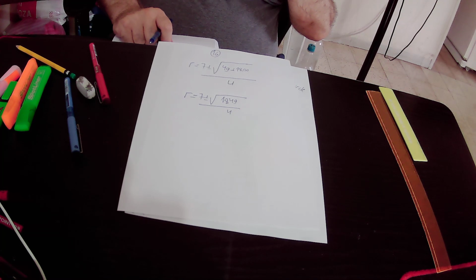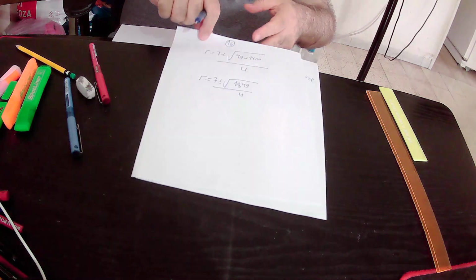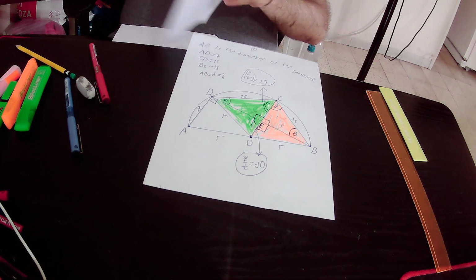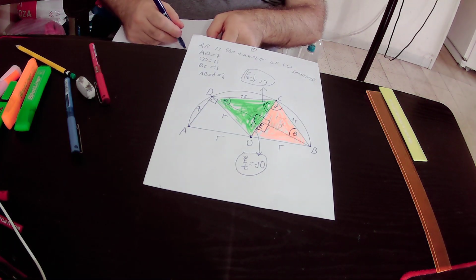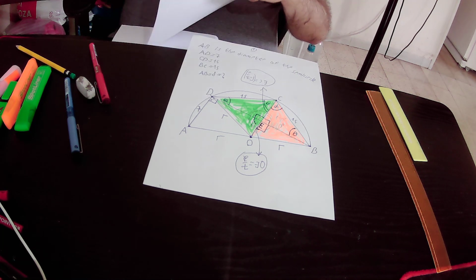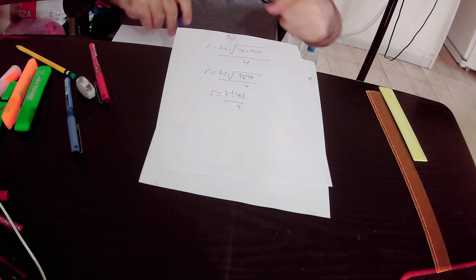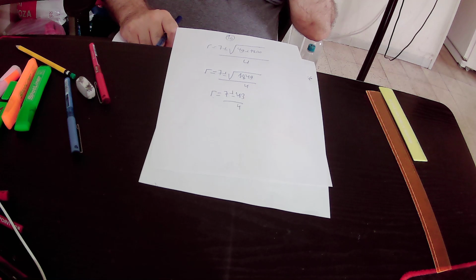The root of 1849 is 43, so I write it down. r equals 7 plus minus 43 over 4. Okay, we got that r equals 7 plus minus 43 over 4.